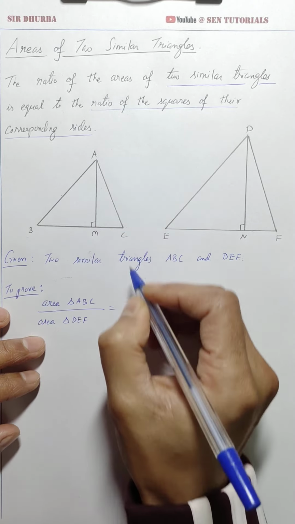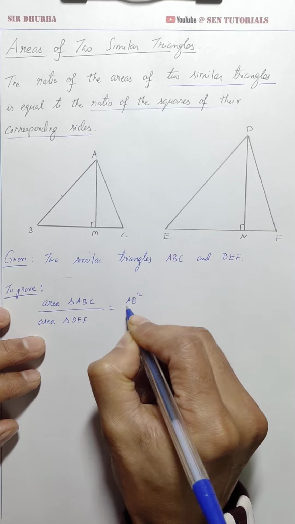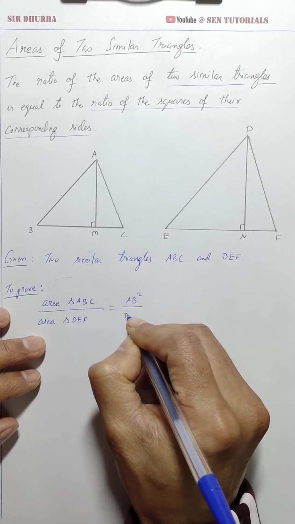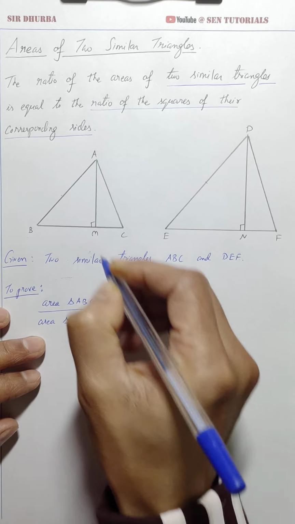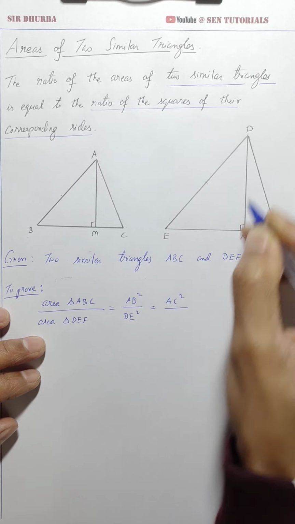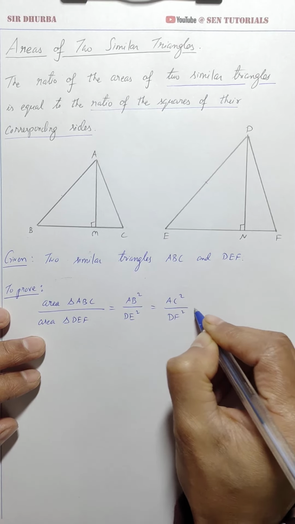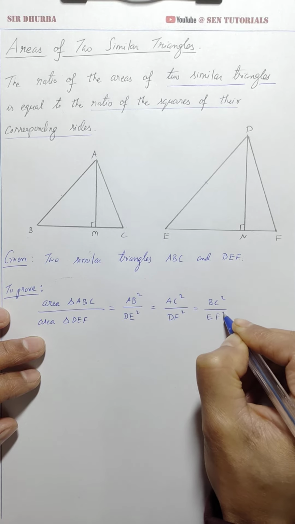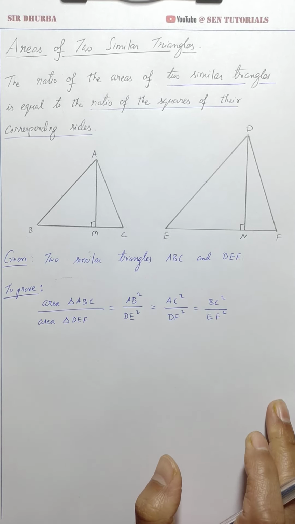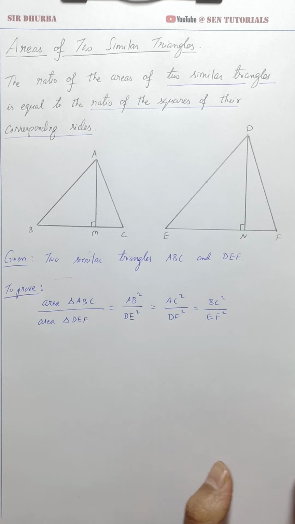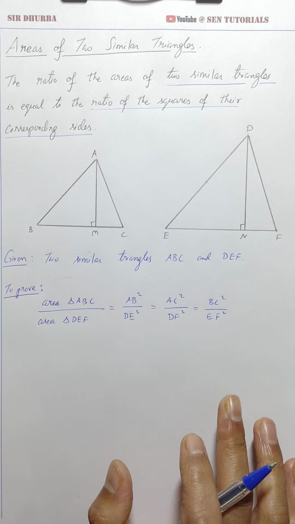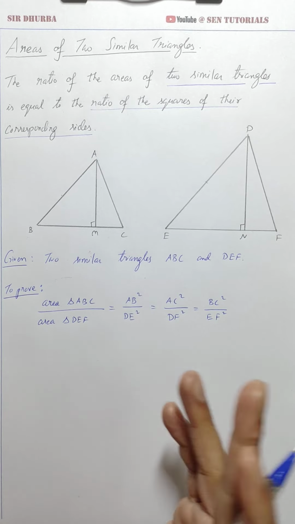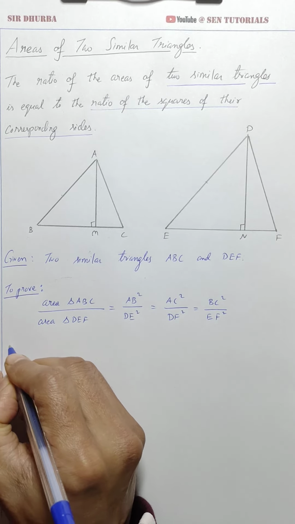That means if we start with the triangle ABC, then it's AB square by its corresponding side DE square, which will also be equal to AC square by DF square, which is equal to BC square by EF square. This is what the theorem states, and we will be proving this. So normally for NBSE, Nagaland Board of School Education, these theorems are usually asked for the exam. So somehow it is important also.